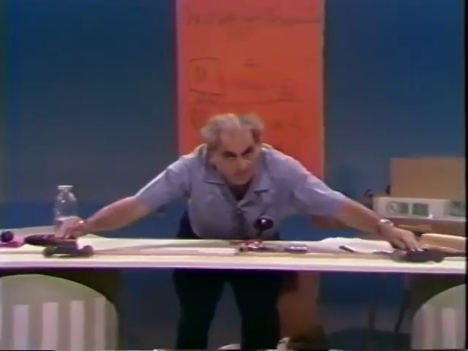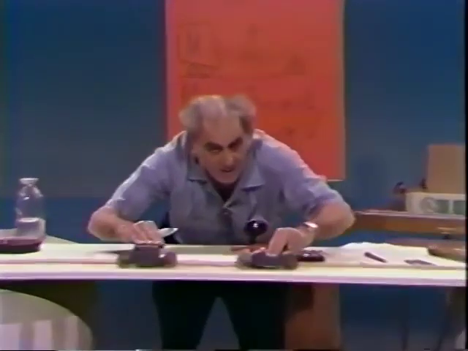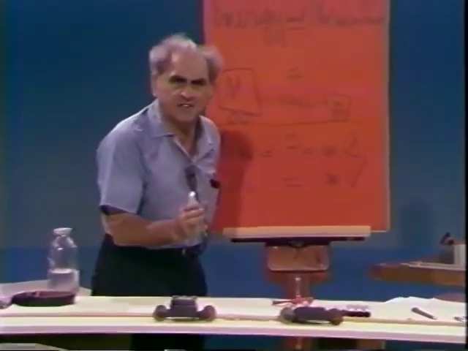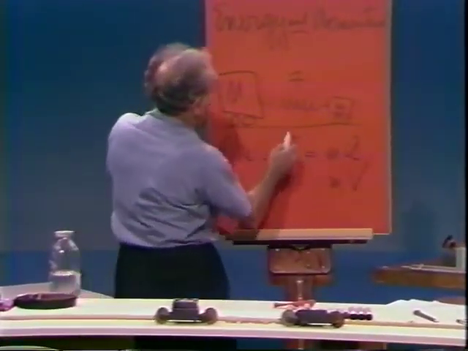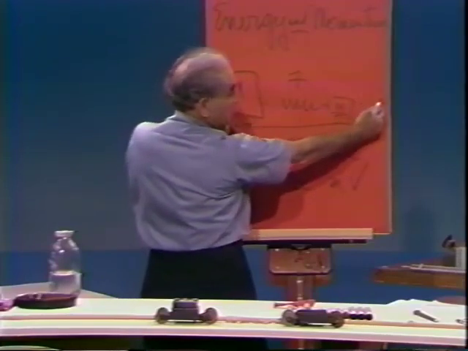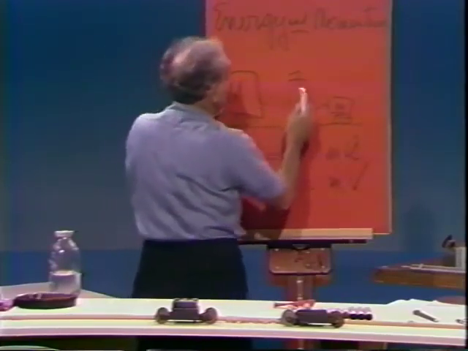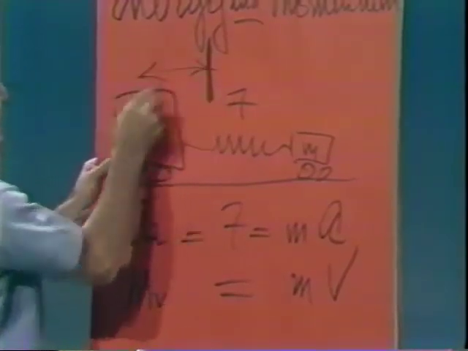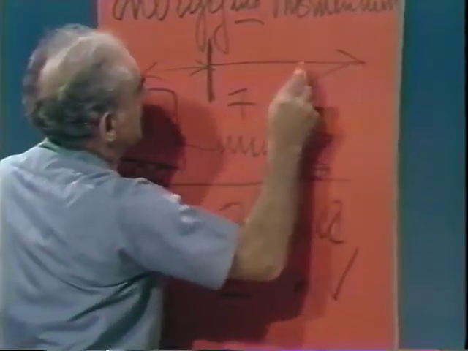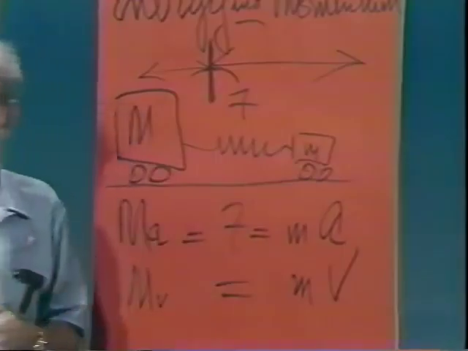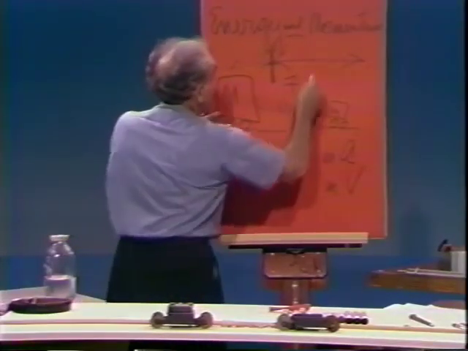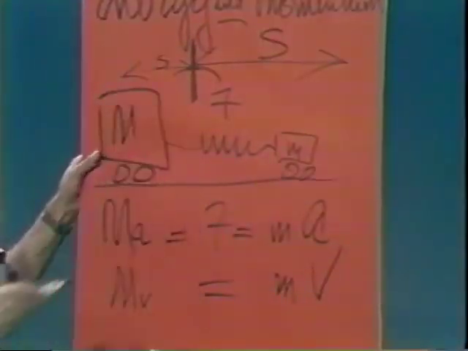But now watch. Is it not true that the smaller car went the greater distance? That is, if I let them come from a place of rest and meet, they would meet somewhere in here. This is the distance the big car would go, and this is the distance the little car would go. So the little car goes the greater distance, little s.